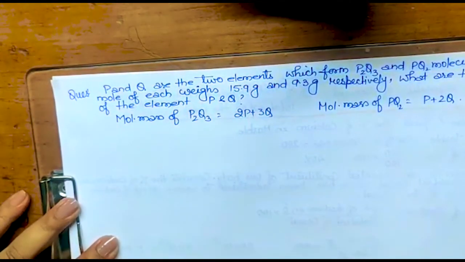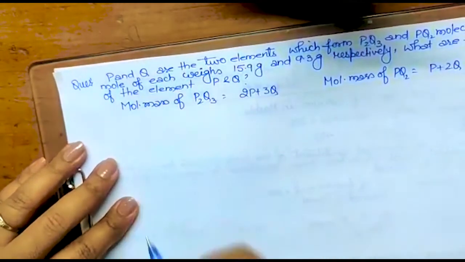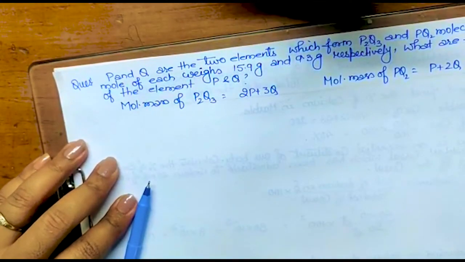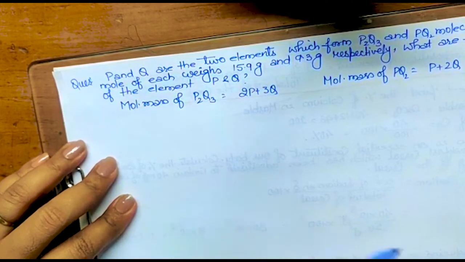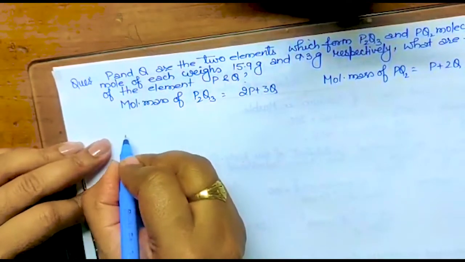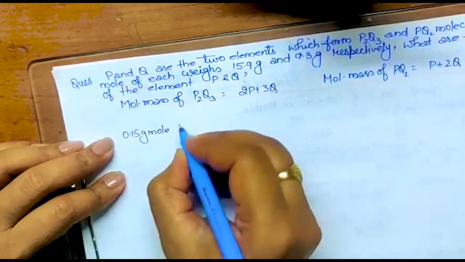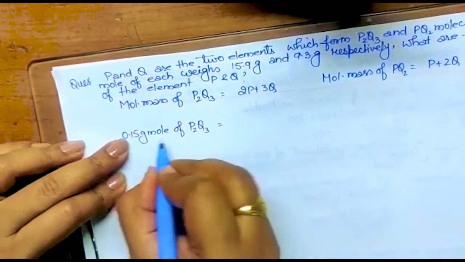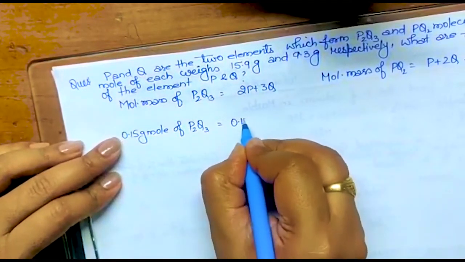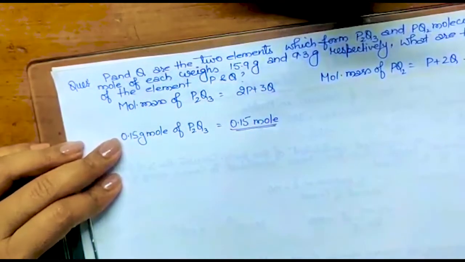So this we have to find. Now how do we find this? Let's see. In that question, to find the molecular mass, see, it is given 0.15 gram mole of P2Q3. Gram mole means mole. Yes, we can write this as mole. Make it easy. Okay.